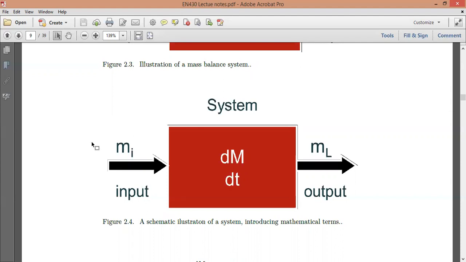Now in the case where you have more inputs and less outputs, it could mean that there's production happening. Oh, sorry, there's negative production. So if output is less, it could mean that something here. So you have 5 kg coming in, and then you have 4 kg leaving. So the 1 kg got stuck where?